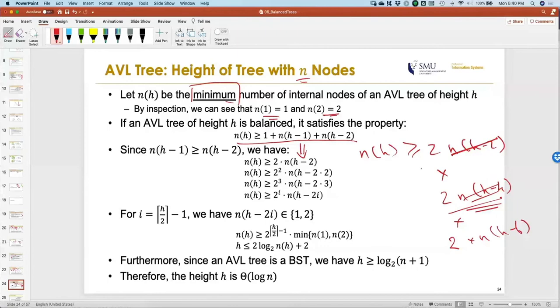So now you have 2 times 2 times 2 times 2, and as I increase the power of this, I'm going to increase the reduction on this side. So I can more or less express this as 2 to the i times n of h minus 2i. Here i is just some number; you can substitute it with some integer value, and this will still be true.